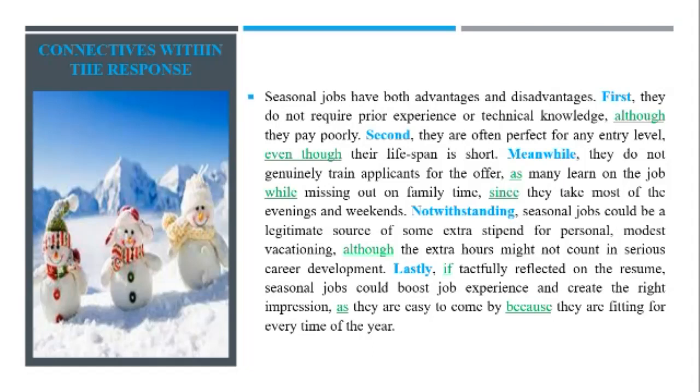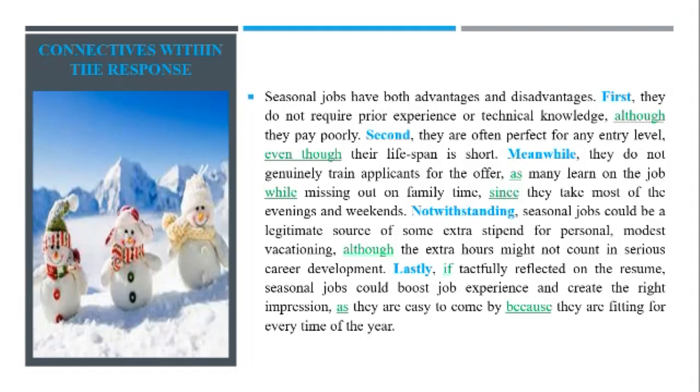All right. Meanwhile, they do not genuinely train applicants for the offer, as many learn on the job while missing out on family time, since they take most of the evenings and weekends. Now, that for me is a very complex sentence, okay?